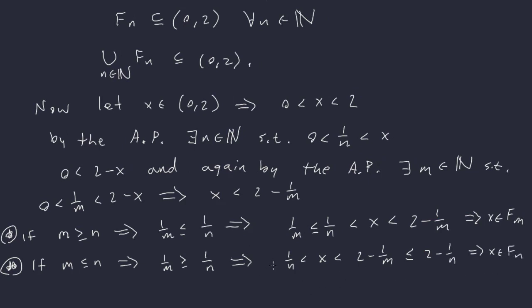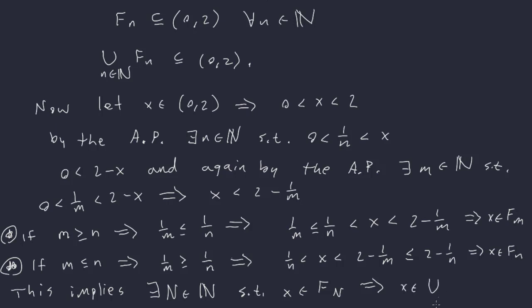Okay, so I didn't want to just throw it out without loss of generality. We can, but this implies there exists a, I'll call it a capital N in the naturals, such that x is in f sub capital N, which implies that x is in the union of all the f_n's, right?